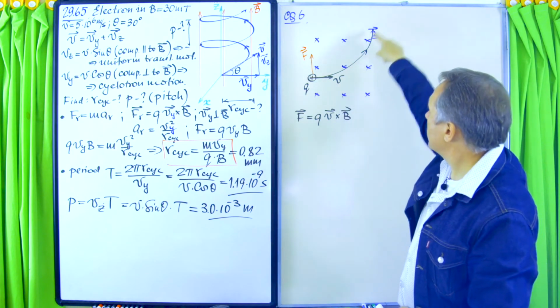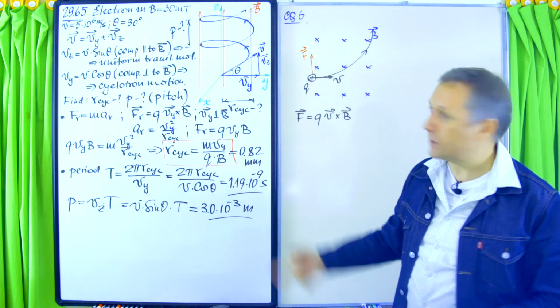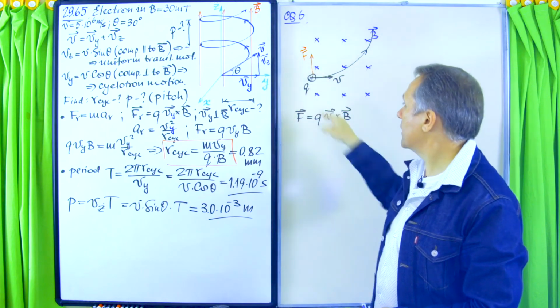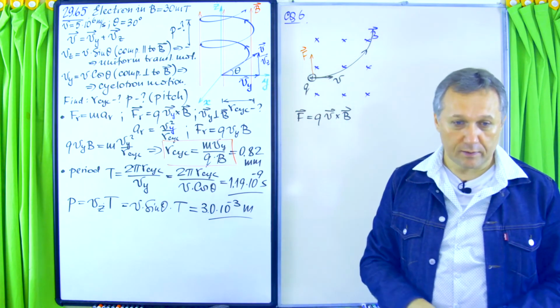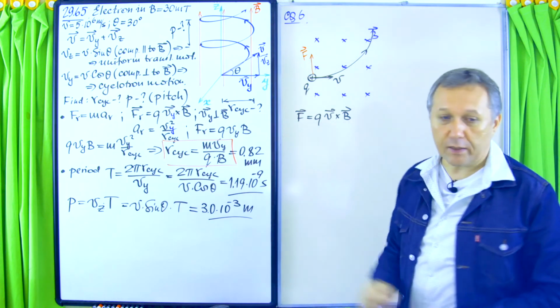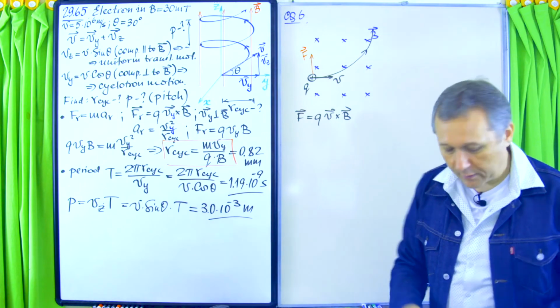And by looking at the trajectory, you can tell immediately that the force acts that way, right? In this case, the direction of the force and the direction of V cross B are the same, so it is possible only when the charge is positive. That's how we can analyze it.